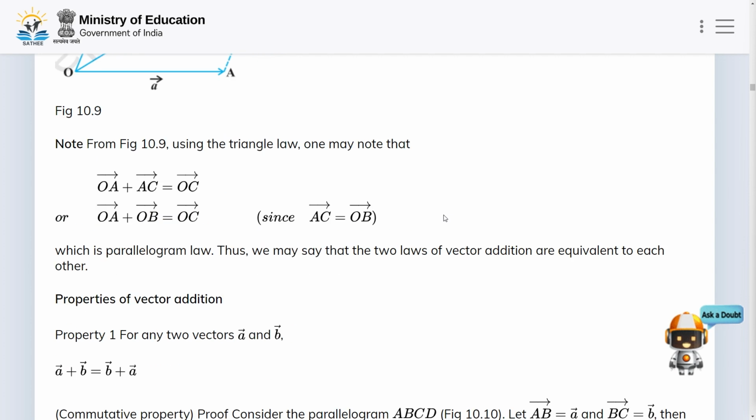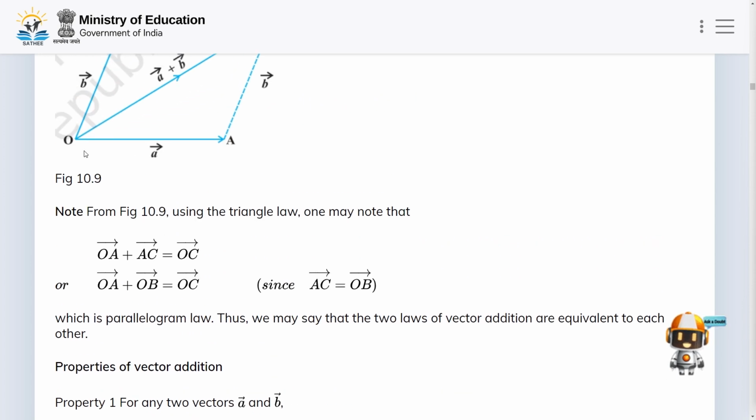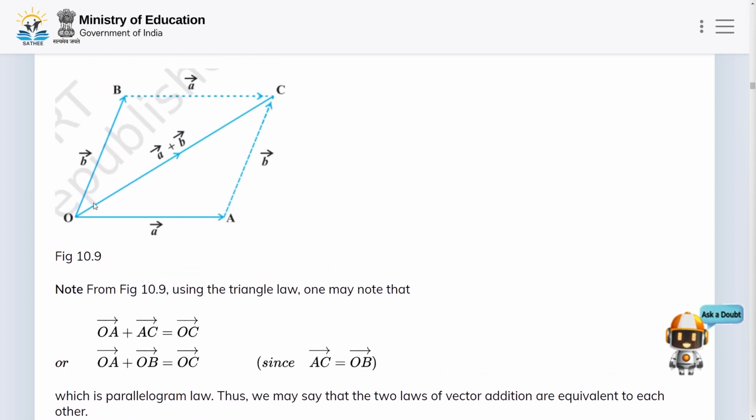Okay, now note that from the above figure, using the triangle law, one may also note that OA plus AC is equal to OC. Or OB plus BC.